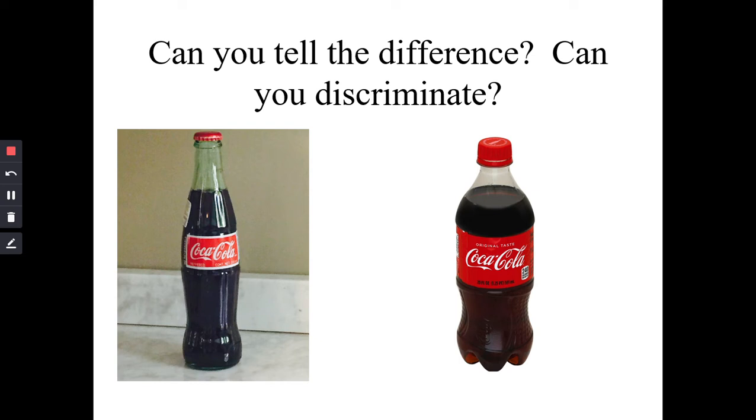In the social psychology chapter, we talk about discrimination as racial discrimination, when you think differently about different races of people. That's discrimination. When you act based upon your thoughts, that's discrimination in social psychology. But in this chapter, discrimination is simply knowing the difference.